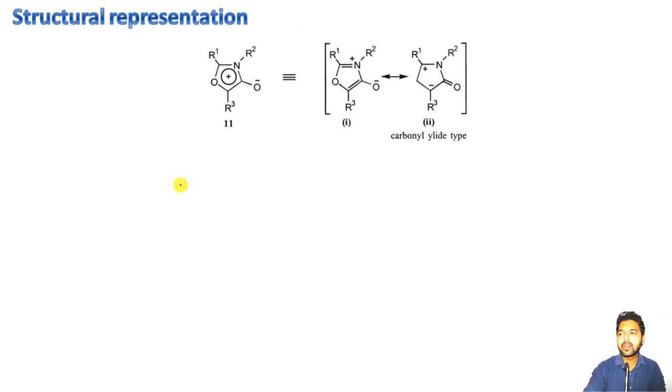Now before going further, it is very important to discuss the structural representation of these mesoionics. I have taken that same first type A molecule, you can see here, and now it can be represented in this form.